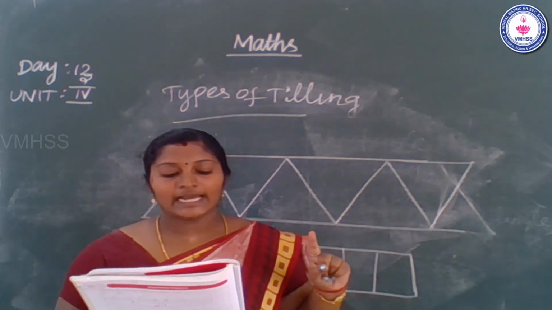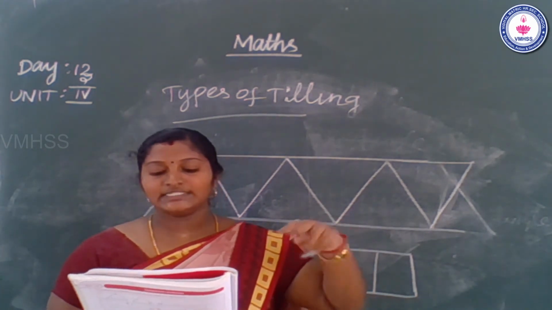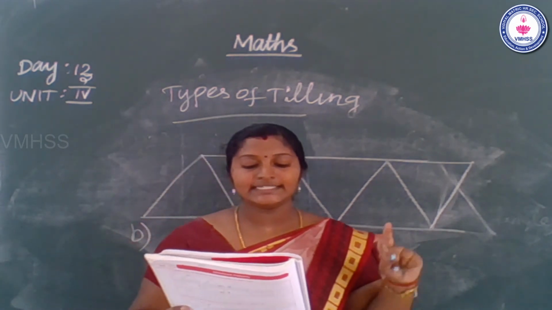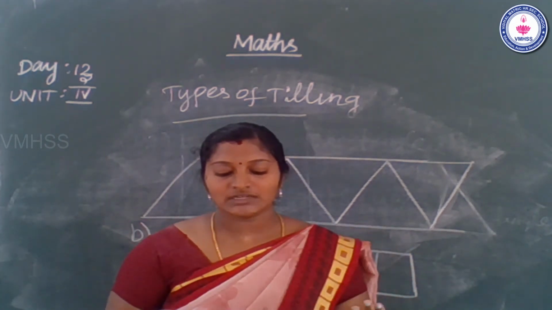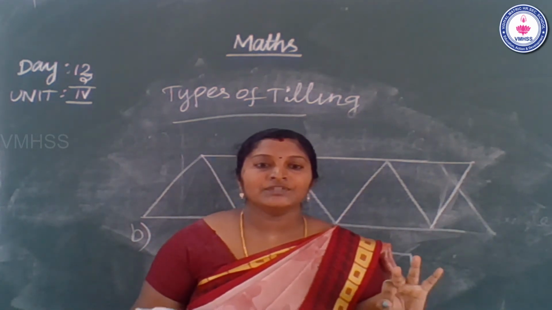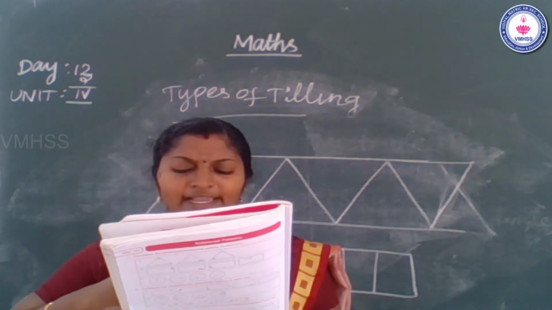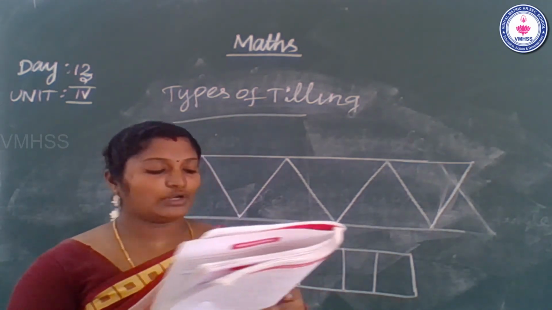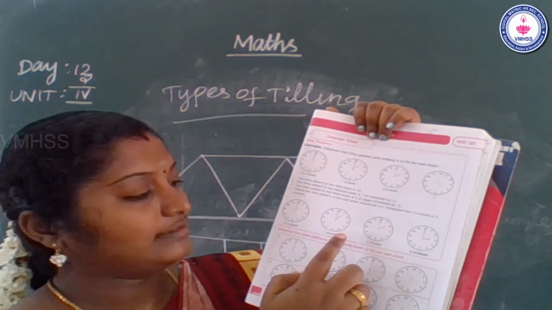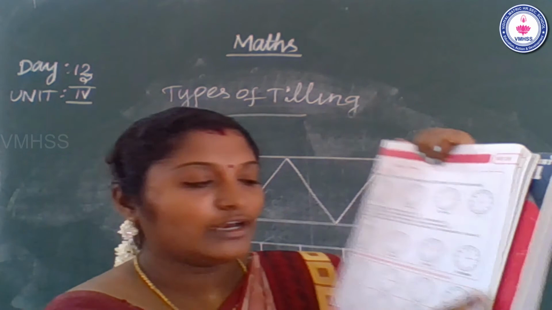The third clock shows 2, again increased by 1. Hence the time shown in the last clock should be 3 o'clock.